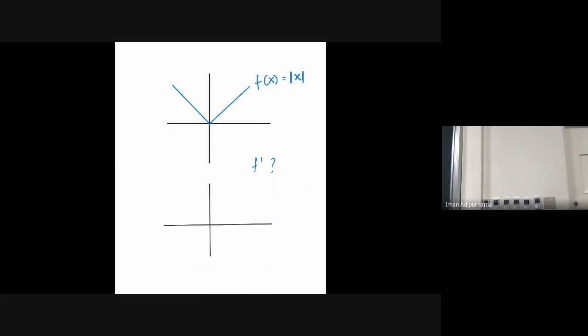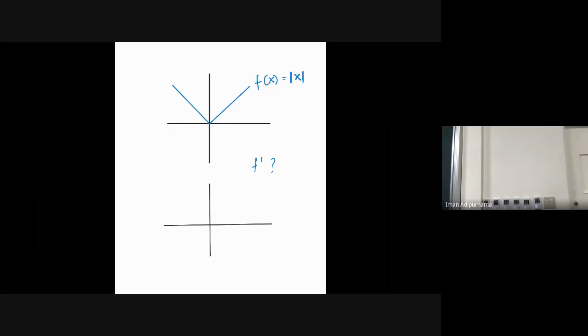Okay, this is a very basic concept in calculus. Continuous and differentiable. Okay, it seems similar, but it's different. So continuity, always remember, you can check with limits. Left-hand limit, right-hand limit.